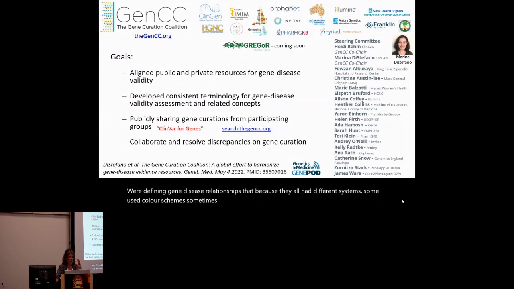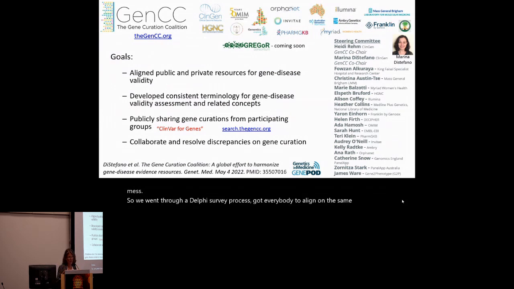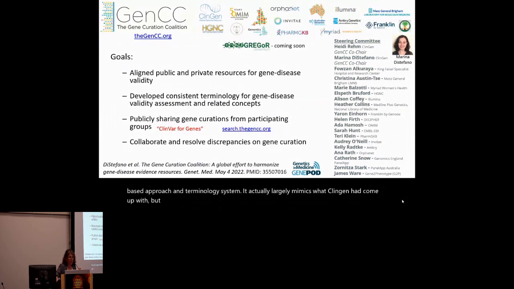Sometimes the color schemes were opposite in different databases. It was a mess. So we went through a Delphi survey process, got everybody to align on the same evidence-based approach and terminology system. It actually largely mimics what ClinGen had come up with, but we added one additional category of animal model only that we thought was useful. So that became the final set, and then everyone's data was mapped to that.